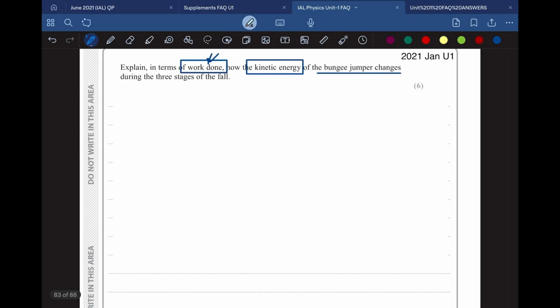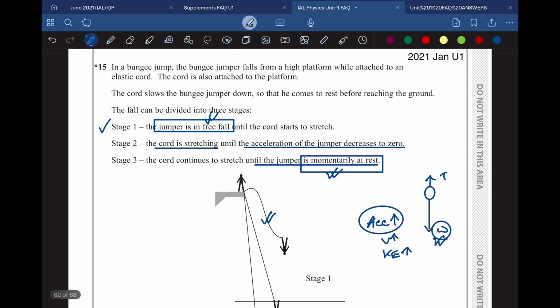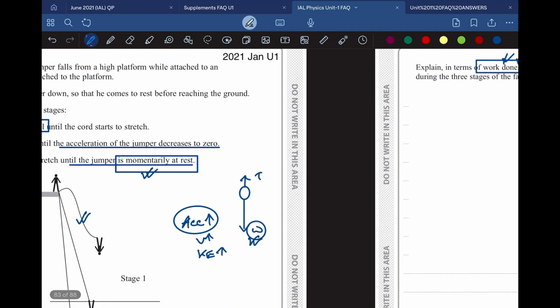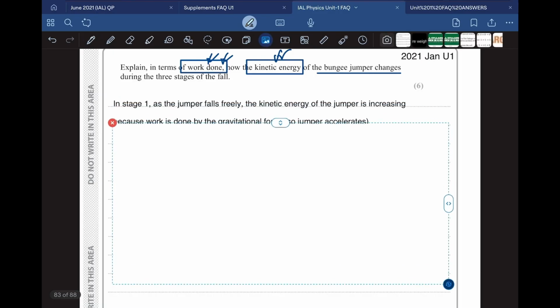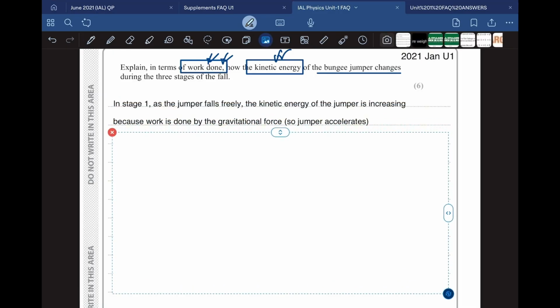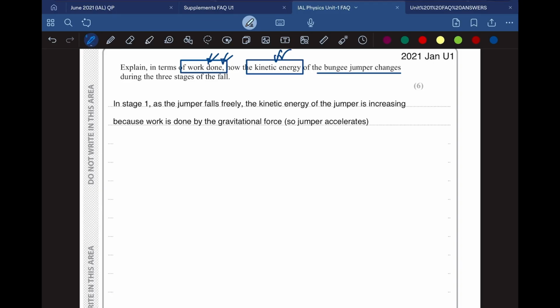And we will not only answer about the kinetic energy, we will also have to answer on the work done. So the gravitational force is doing work on the jumper only, right? Because the man is accelerating. So our answer in stage 1 will be: as the jumper falls freely, the kinetic energy of the jumper is increasing because work is done by the gravitational force. So the jumper is accelerating.